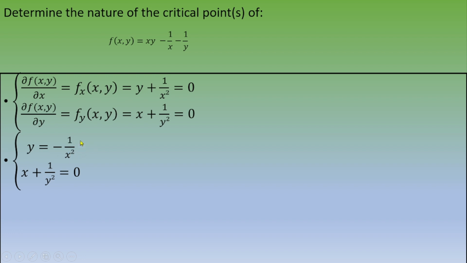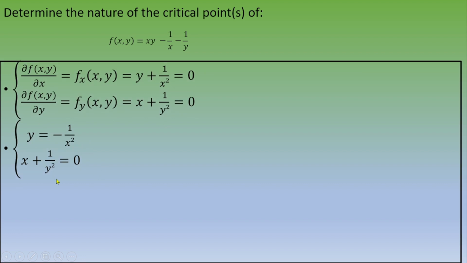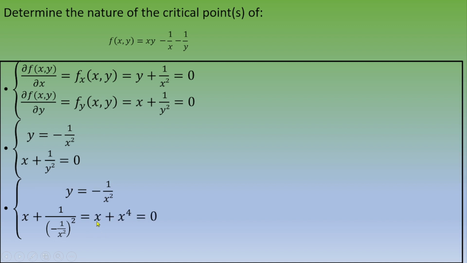Then the next step, this is to plug this value in the second equation. Let's do that. Okay, so this is x plus 1 over (negative 1 over x squared) squared, and this is equal to 0. So if you do the math, you end up with x plus x to the 4 equals 0.